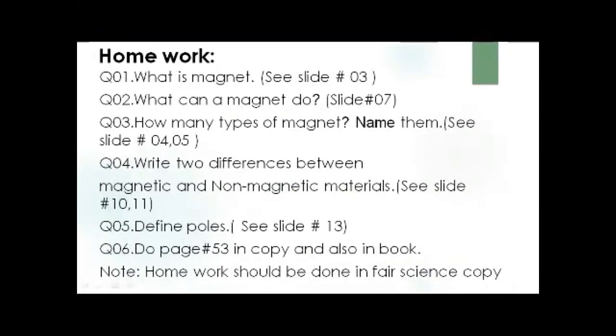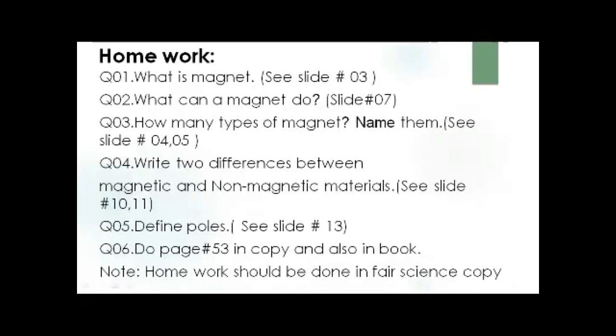Question number 3 is, how many types of magnet? Name them. You already know about that. Magnets have two types, natural magnet and artificial magnet. For the answer, see slides 4 and 5. Question number 4, write two differences between magnetic and non-magnetic materials. For the answer, see slide numbers 10 and 11.